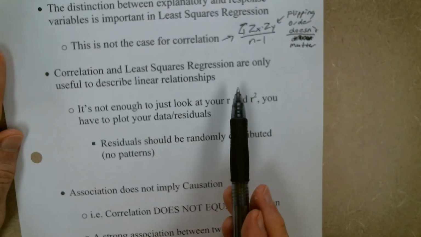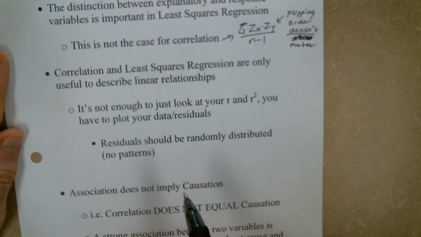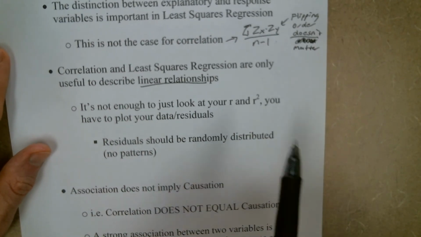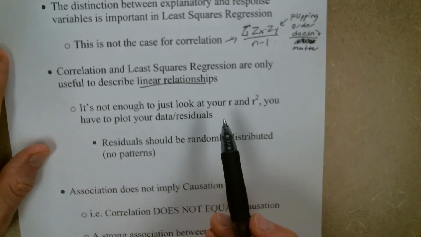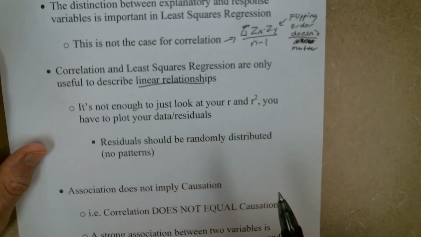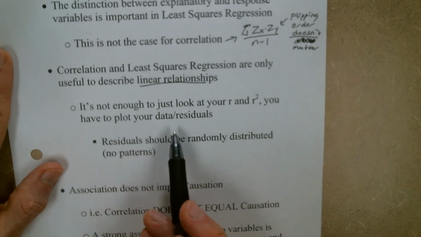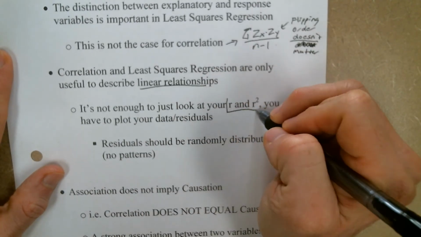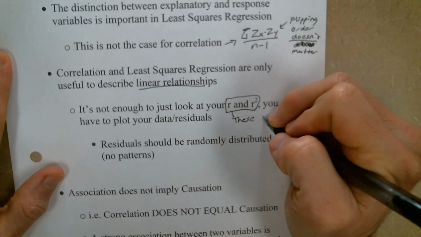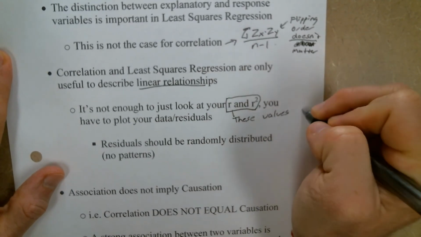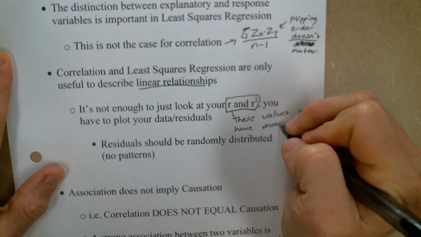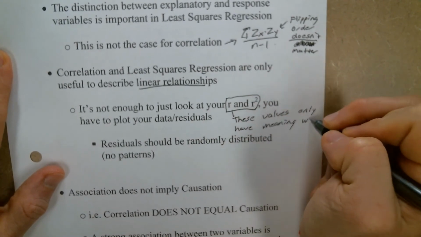Correlation and least squares regressions are only useful to describe linear relationships. It's not enough just to look at your R and R squared. A lot of times people want to do that: oh, I've got a good R, I've got a good R squared, I'm all set. You have to plot your data and residuals. These values only have meaning when the data is linear.